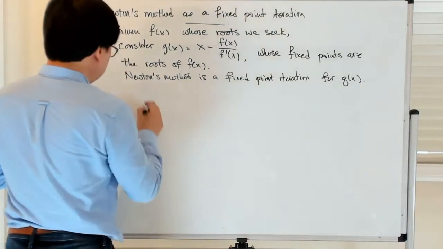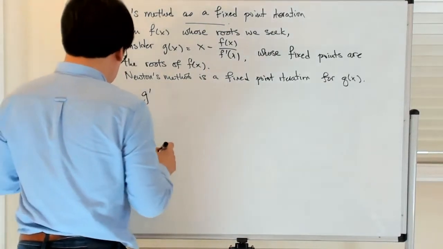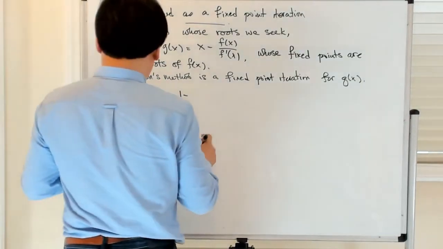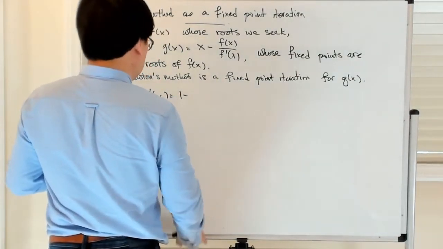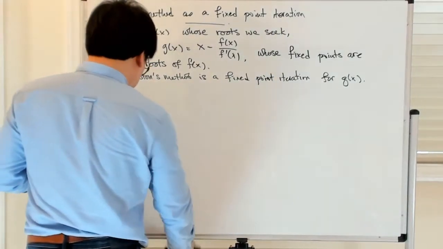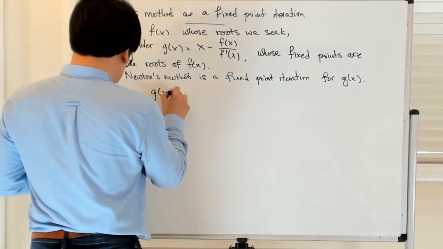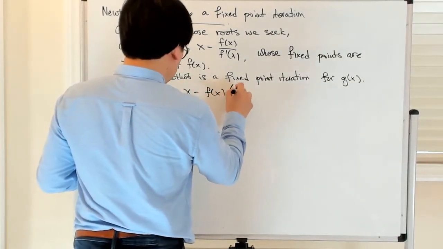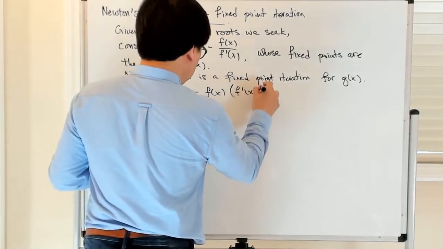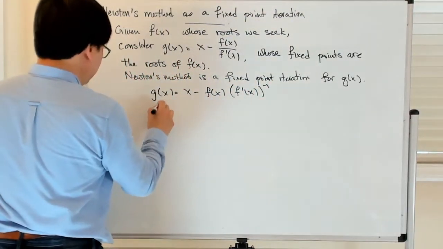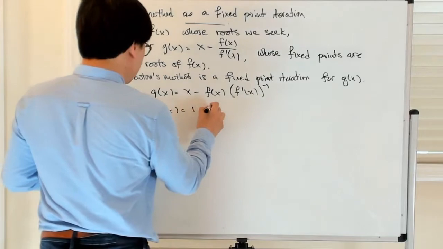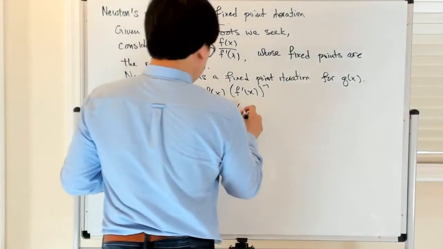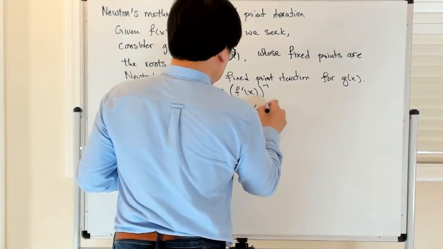So you can take the derivative of g of x. Before I do that, let me write down g of x again. g of x is equal to x minus f of x times f prime of x to the minus 1 power. So g prime of x is equal to 1 minus f prime of x times f prime of x to the minus 1.